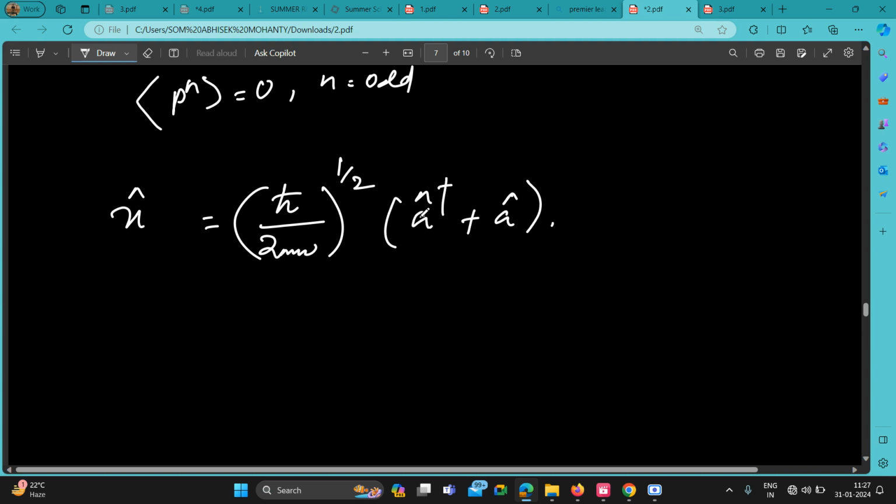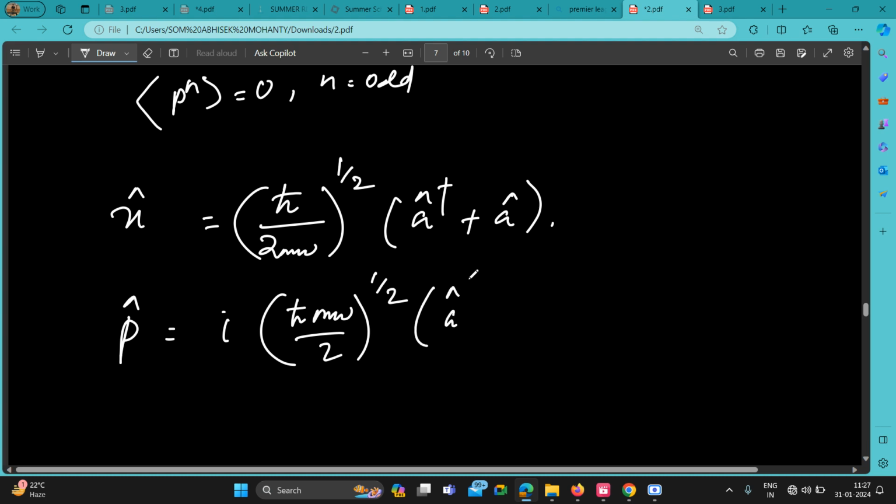Okay. So raising operator, this is lowering operator in harmonic oscillator. P cap is i h cut m omega by 2 to the half, a dagger minus a.